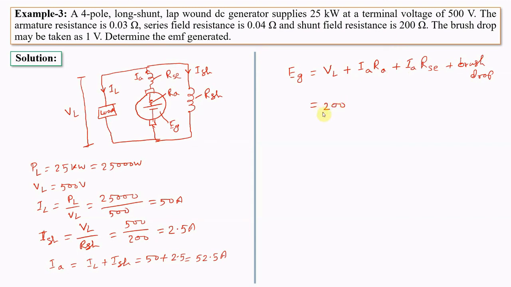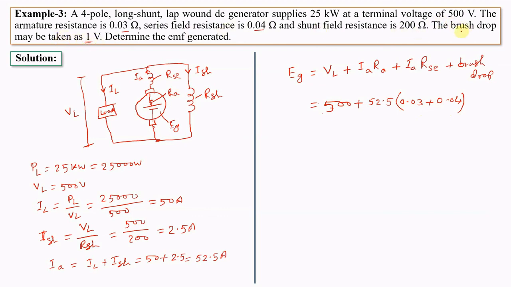Sorry, it is 500, plus IA, that is the armature current we have calculated, that is 52.5. Armature winding resistance here is 0.03, and series field winding resistance is 0.04. As these two are connected in series, we can add these two resistances. And the brush contact drop is 1 volt.